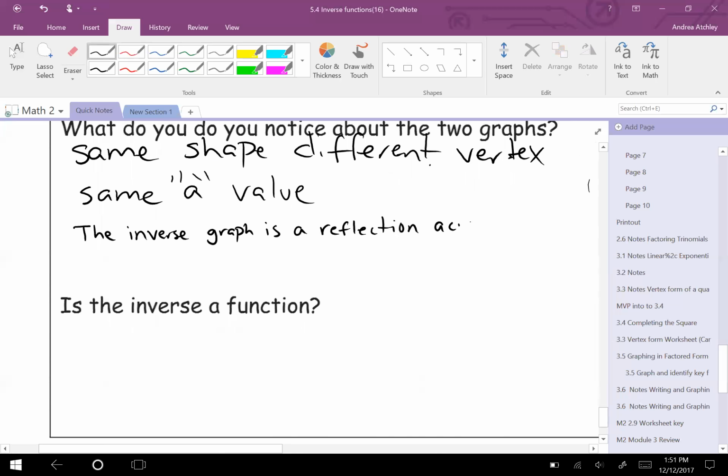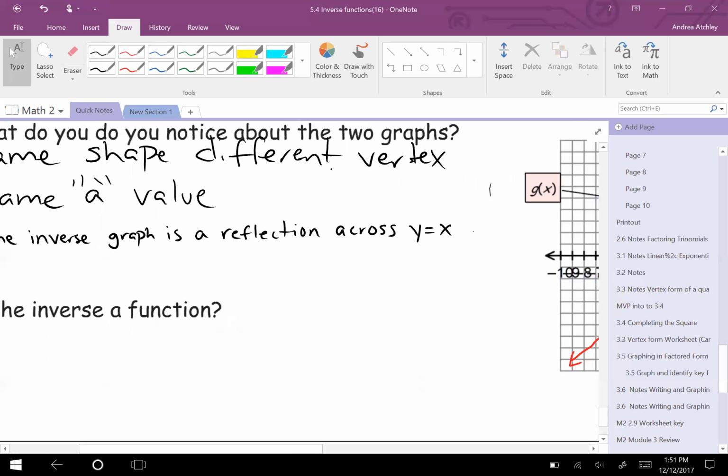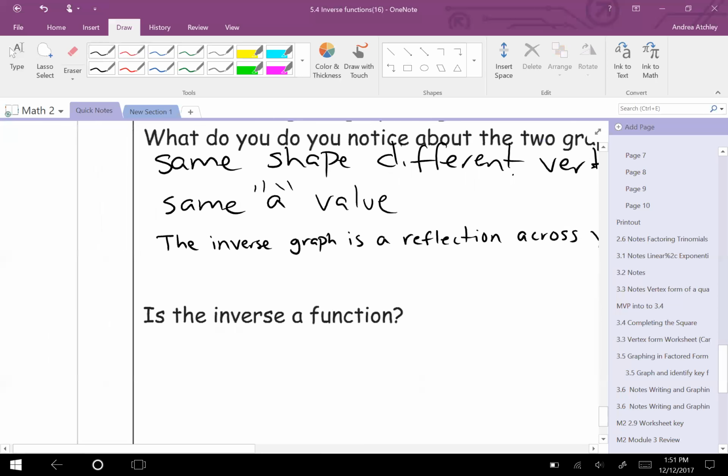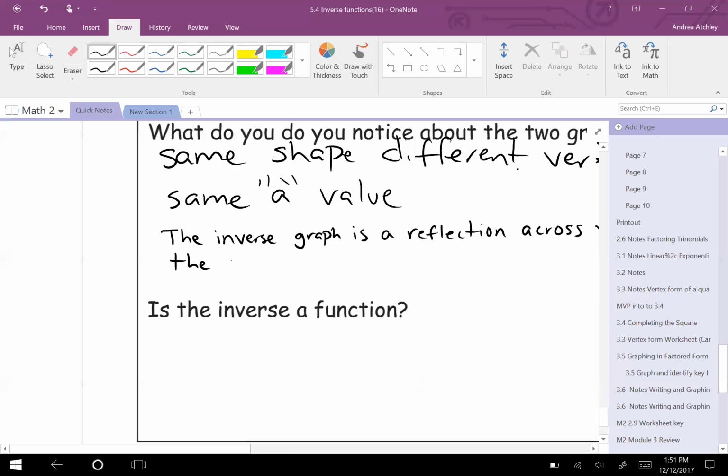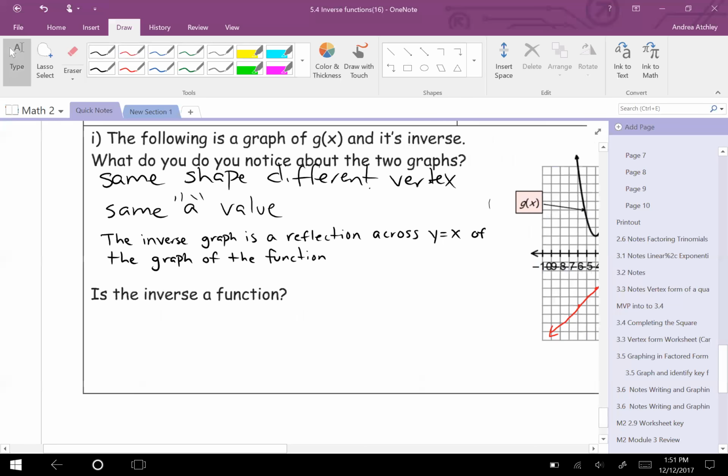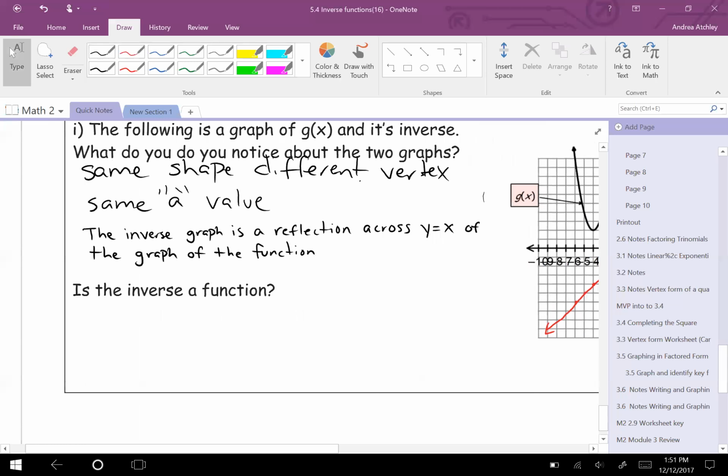Reflection across y equals x. Okay, the inverse graph is a reflection across y equals x of the graph of the function.